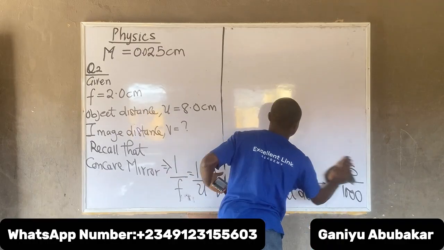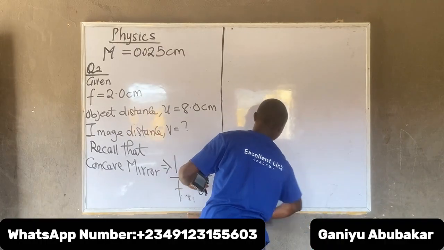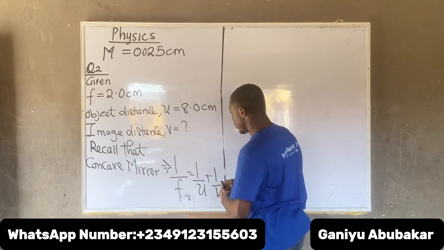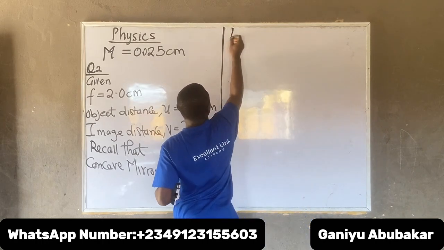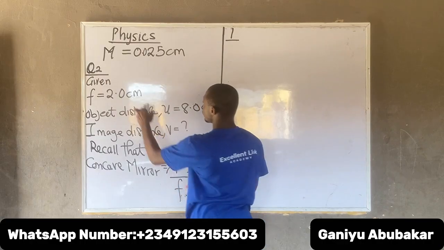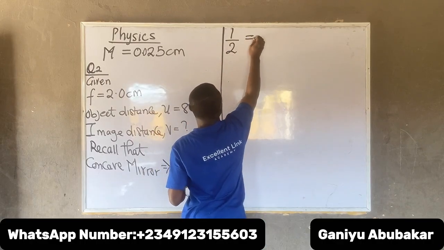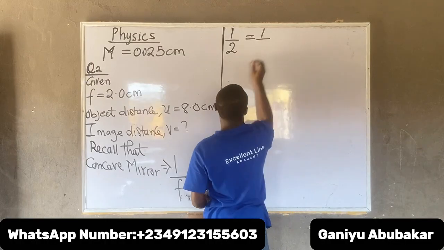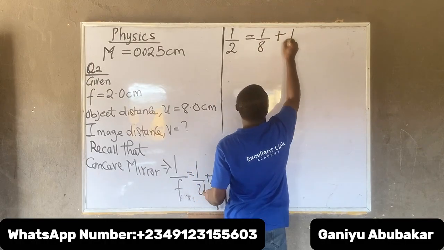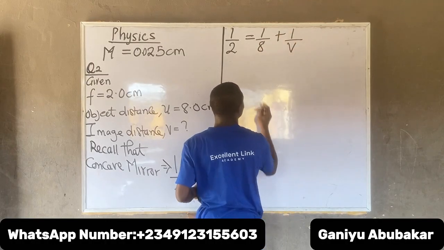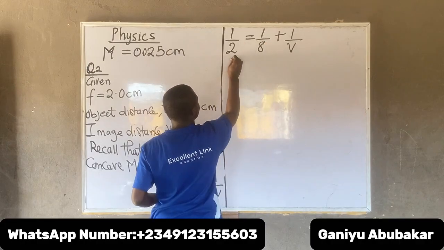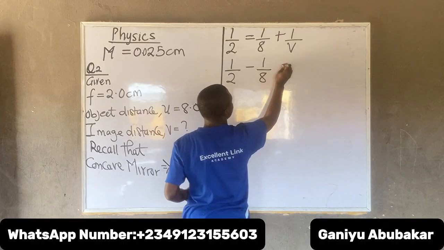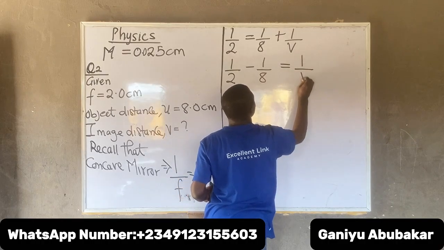From here, 1 over f, f is of course 2, is equal to 1 over u, u is of course 8, plus 1 over v. v is unknown. So I can take this 1 over 8 across. That gives you 1 over 2 minus 1 over 8 is equal to 1 over v.